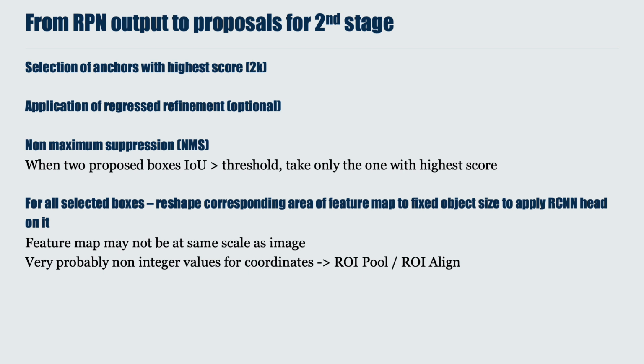The thing that we need to remember here is that the feature map may not be at the same scale as the image, and that we also very probably have non-integer values for the different coordinates. And we wouldn't be able to take just half a voxel here or half a voxel there to fit to the RCNN part. So we need to find a solution to know which part of the boxes to take and how to deal with the non-integer values of the regressed boxes.